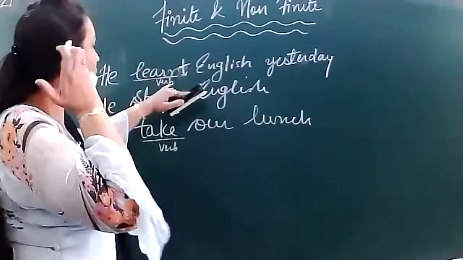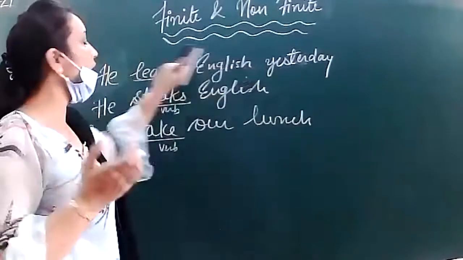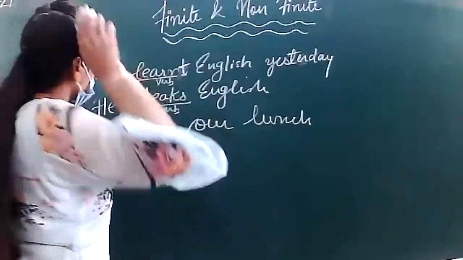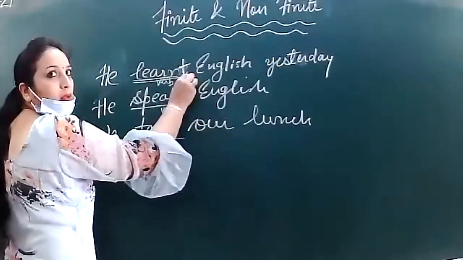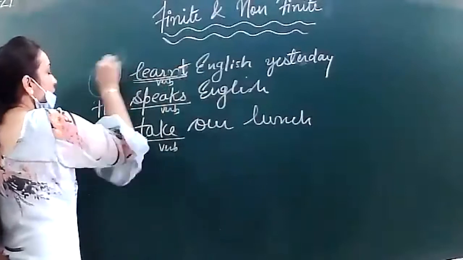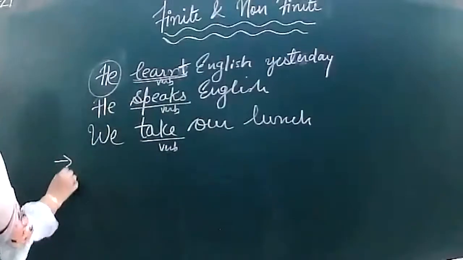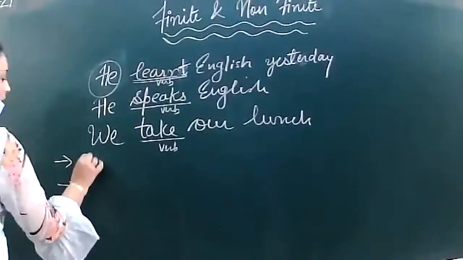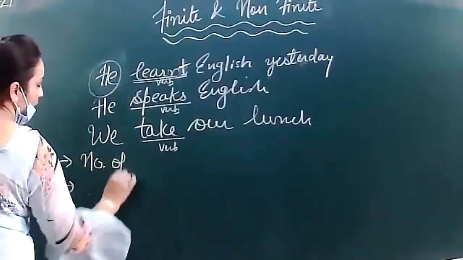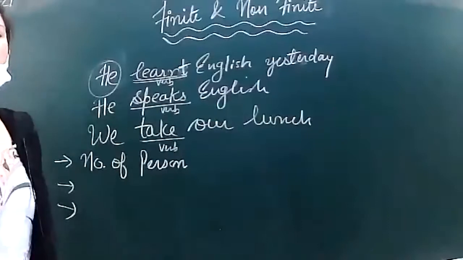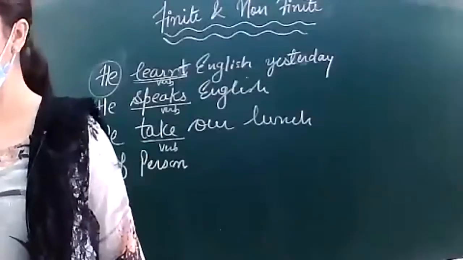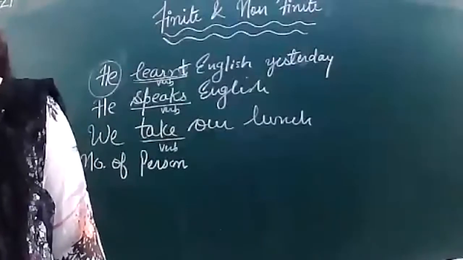So here yesterday is added and the second form will come. It means this will keep on changing. According to which three things do you have to keep in mind? Number, person. Suppose there is a singular, with singular you will be using s or es.